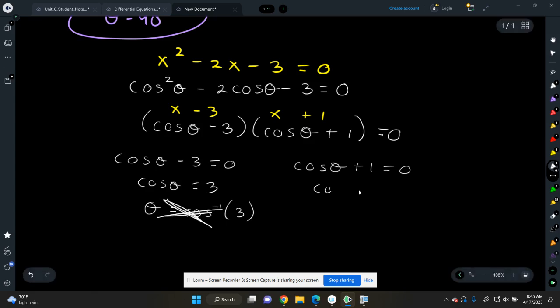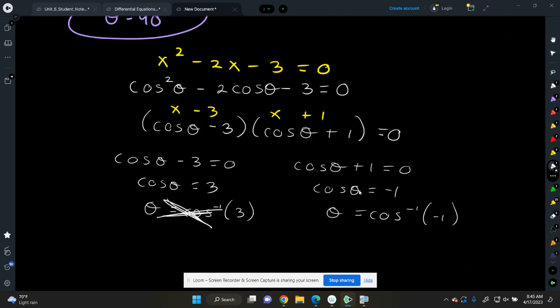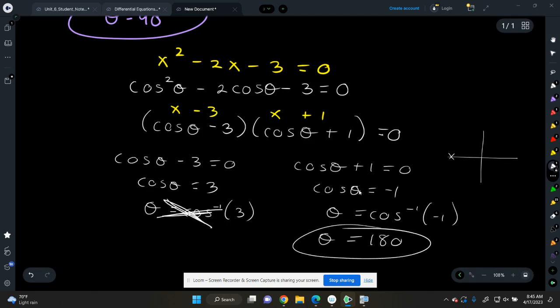And then here we get cosine theta equals negative 1. So theta equals inverse cosine of negative 1. Everybody writing this down? Okay, so where's a cosine equal to negative 1? 180, good. Theta equals 180 degrees. Questions on it?